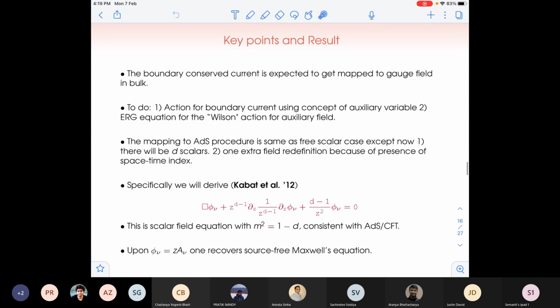The key point and result is that a boundary conserved current is expected to get mapped to a gauge field in the bulk. What to do is first we have to find the action for the boundary current using the concept of an auxiliary variable, and then the ERG equation for the Wilson action for the auxiliary field. So the mapping to AdS procedure is the same.